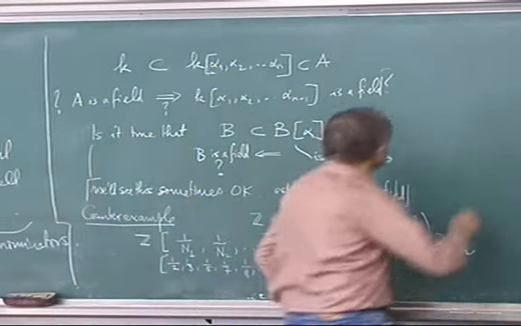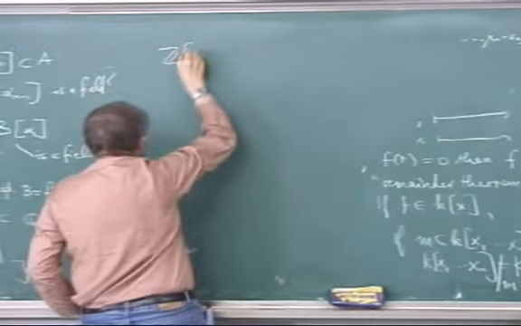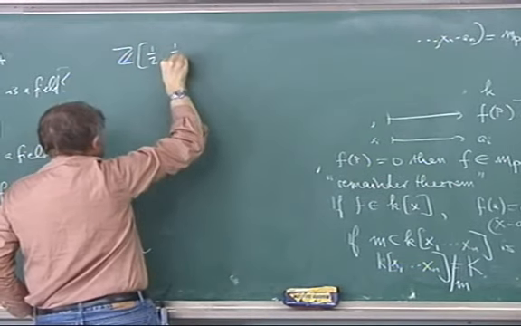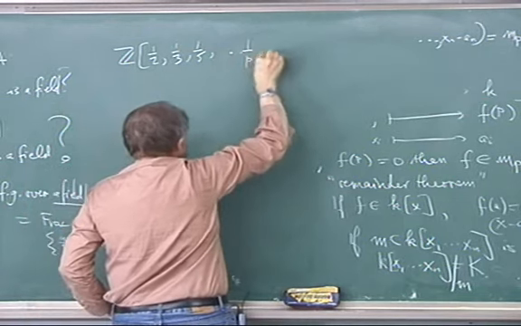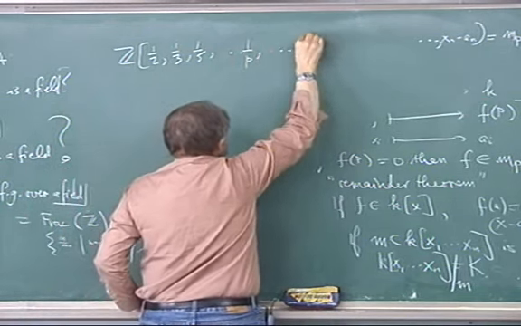So what happens if I do this? Z of 1/2, 1/3, 1/5, 1 over P, and so on.